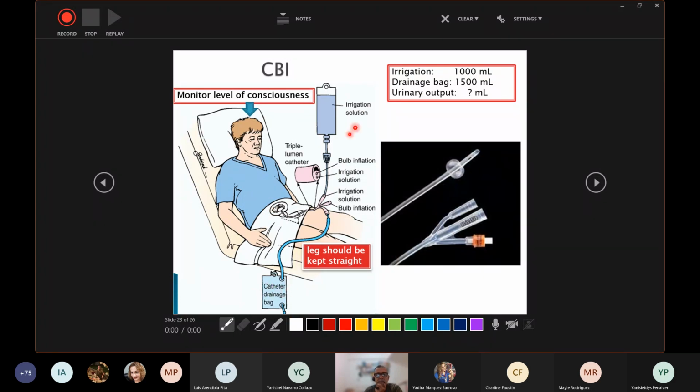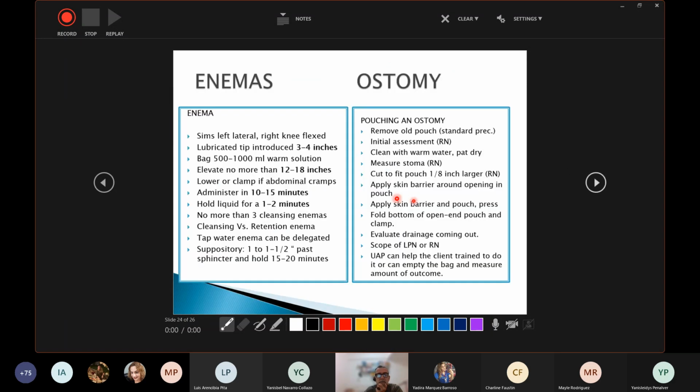So if in the bag you have 1,500 milliliters, and you introduced 1,000 milliliters in the irrigation, the difference, 500, is the urinary output. And don't forget that there is a possibility of producing dilutional hyponatremia in those clients if the irrigation solution is hypotonic, and you need to monitor for alteration of the level of consciousness.